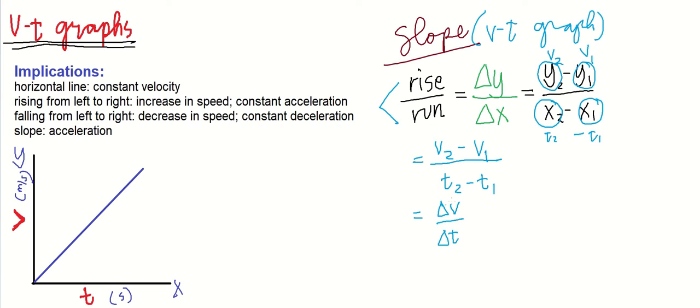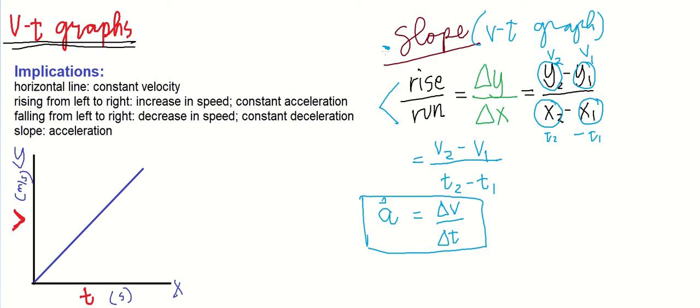But in physics, when you see this kind of formula, velocity divided by time, or the rate of change in velocity with respect to time, this pertains to what physical quantity? If you answered acceleration, then you are correct. So this is acceleration. That's why from the graph trends, it was already mentioned that the slope of a VT graph points to the acceleration. Okay? So galing yan dito ha.